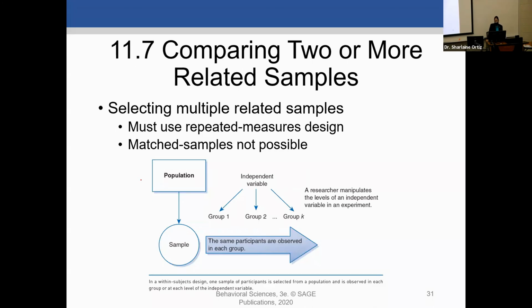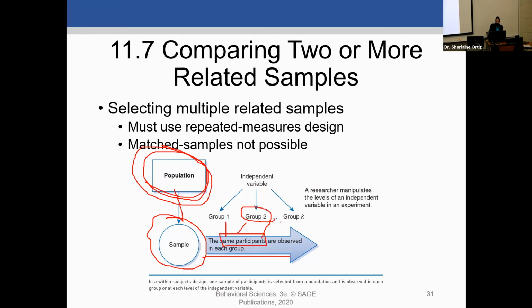It is very similar to the one that we saw previously. So imagine again that population that you are interested in, as a future researcher. Notice that from this population, you are again going to draw a sample. Just like in our previous illustration, you are also observing the same participants in each group.